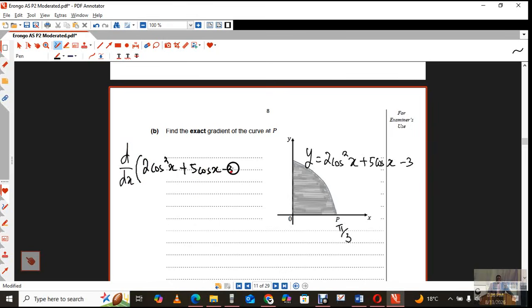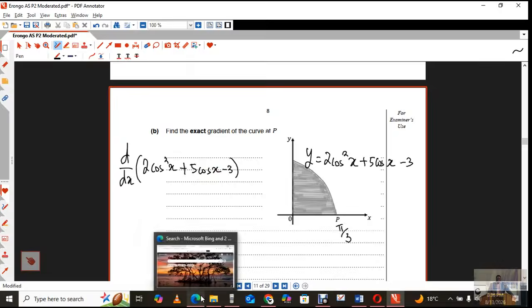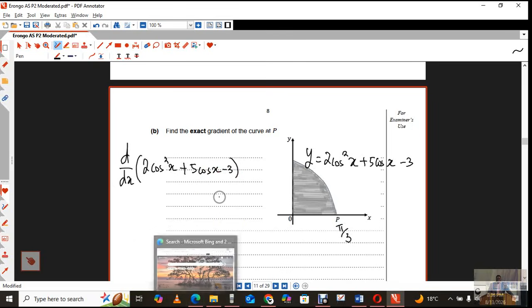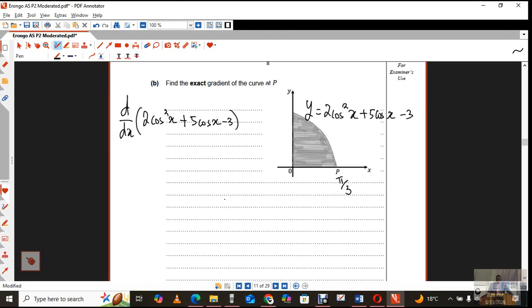There are certain rules that you need to know. Of course, I'm going to be making use of the chain rule a lot over here. I'm just going to write it separately in terms of differentiation.